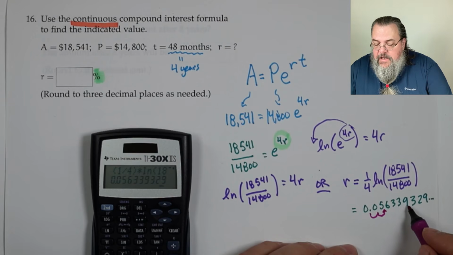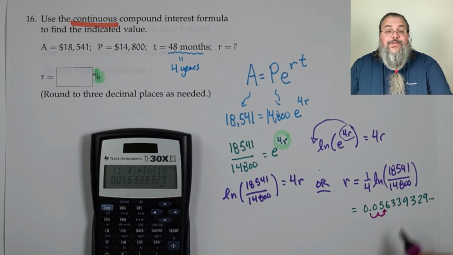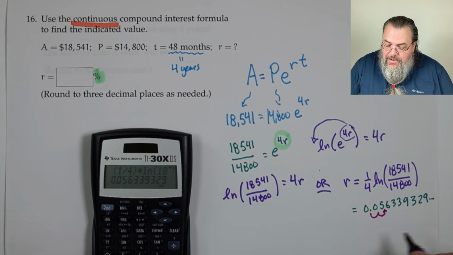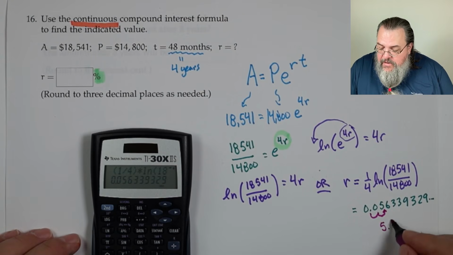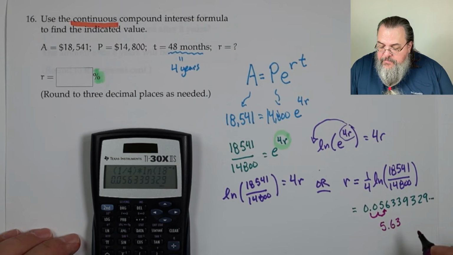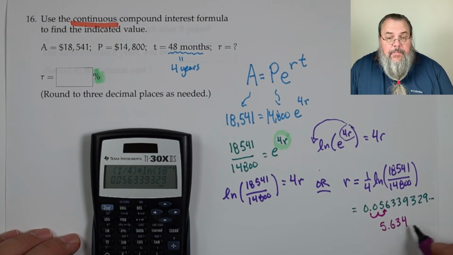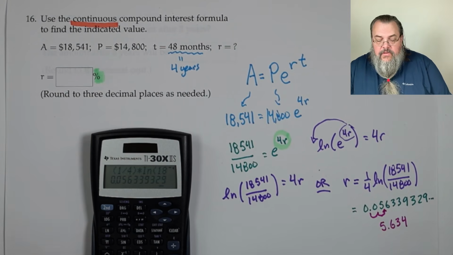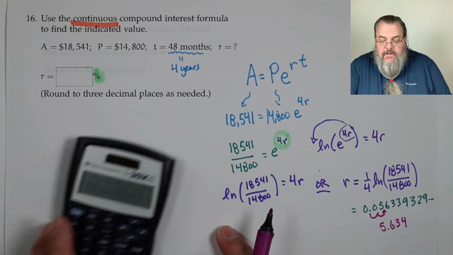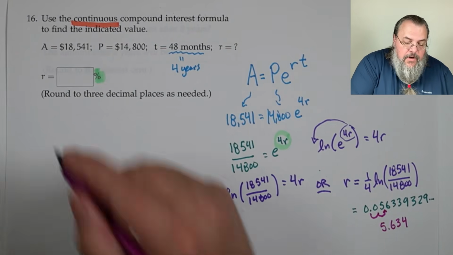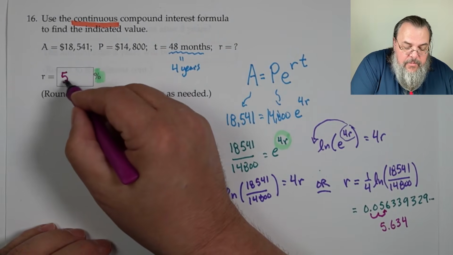Well, 39 should say round up. So we would have 5.63 and then 4, from the rounding up. And so that's our answer, 5.634. That's not so bad.